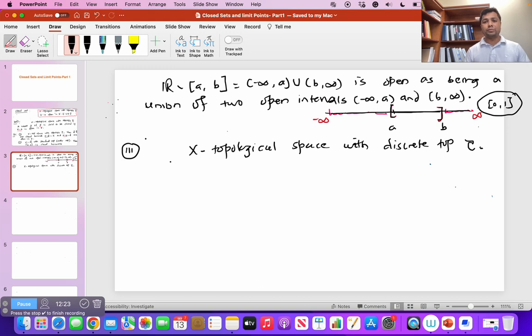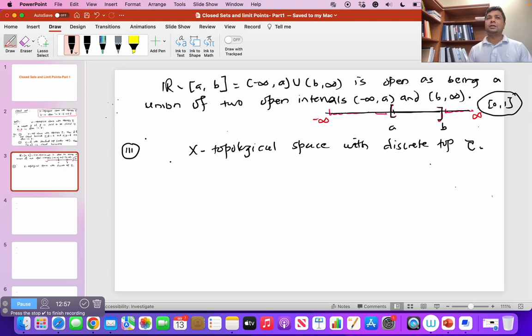Since every subset of X is open, every subset is also closed, because if we take the complement of a subset of X, that's going to be the union of the remaining subsets of X, which is a union of open subsets of X. A union of open subsets is open in a topology.